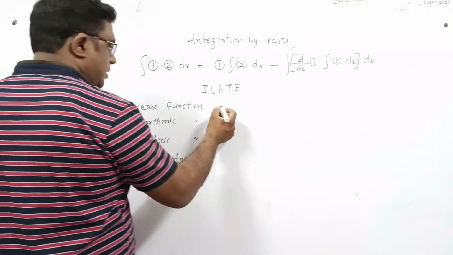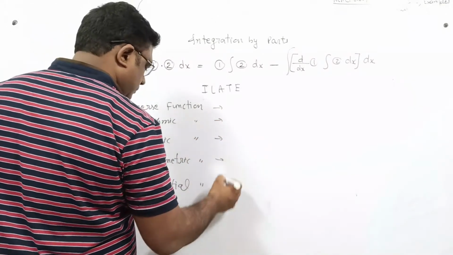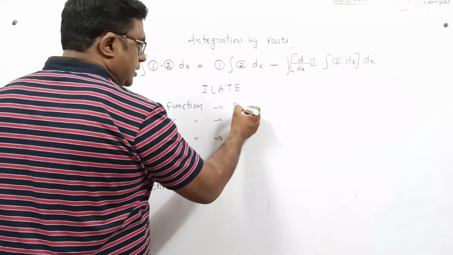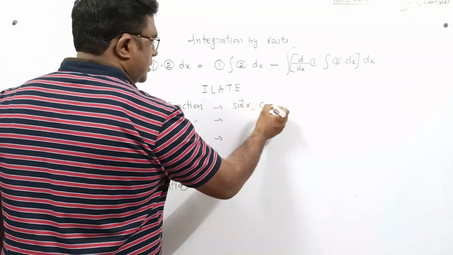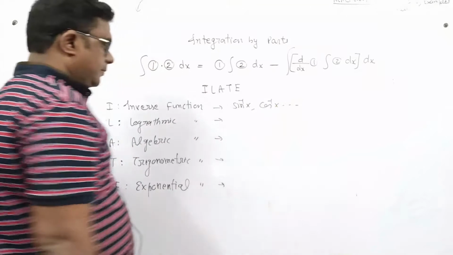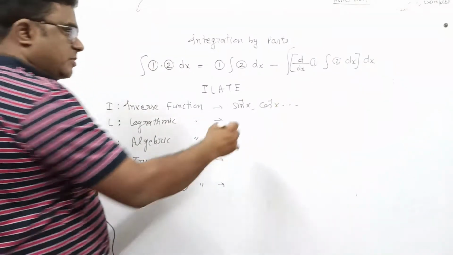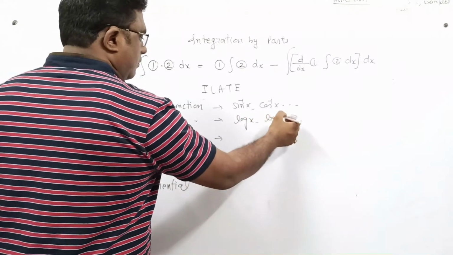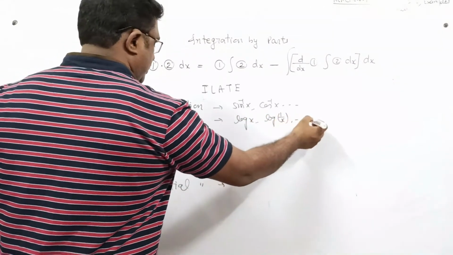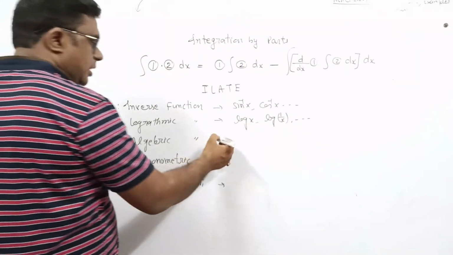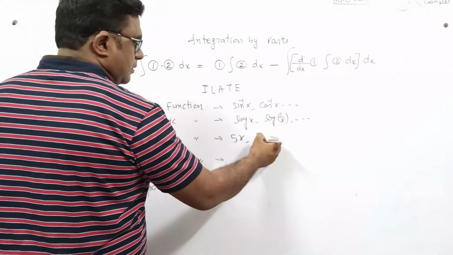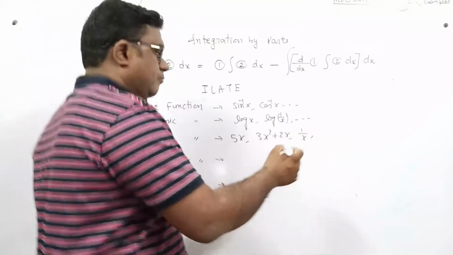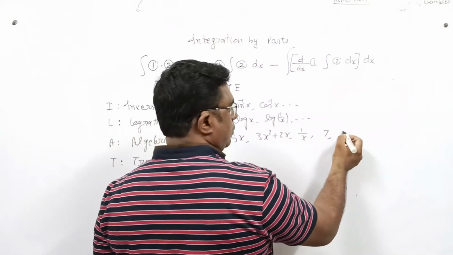Let us see some examples of them. Inverse functions are very simple, like sine inverse x, cos inverse x, etc. Logarithmic functions are like log x, log 1 by x, etc. Algebraic functions are like 5x, 3x square plus 2x, 1 upon x, only 7, only 2.